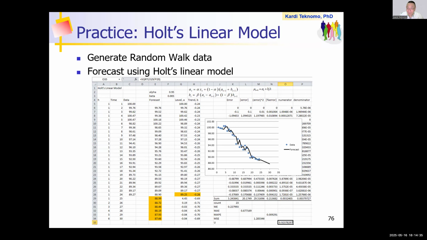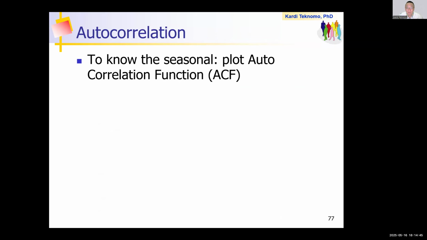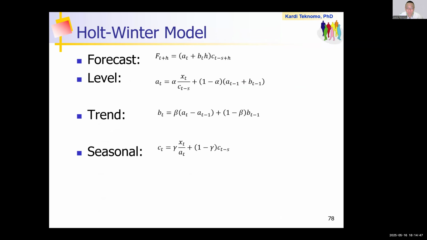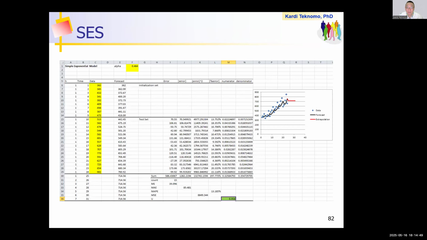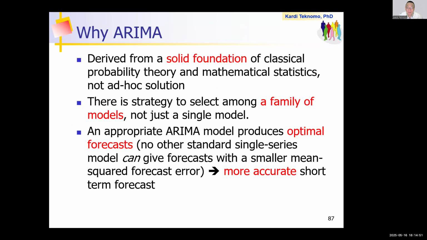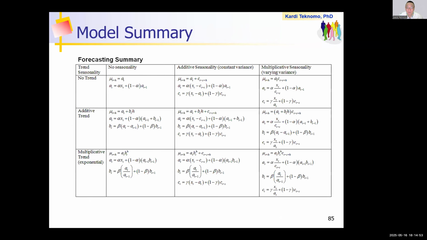I think I should stop here. Otherwise, there are many other methods in time series, including the correlation and Holt-Winters, the next Holt-Winters, and eventually, ARIMA is also another possibility. So these are the summary of Holt-Winters formula.